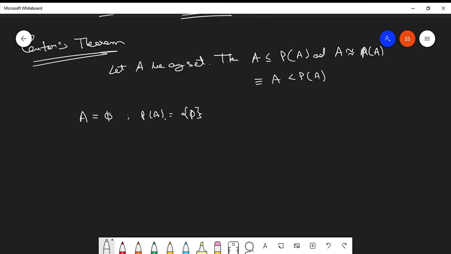But the difference is that the number of elements in A is 0, while the number of elements in its power set is 1. I guess you know the difference between the two notations. So they are not numerically equivalent, and A is dominated by the power set. So for A being a null set, it's trivial.